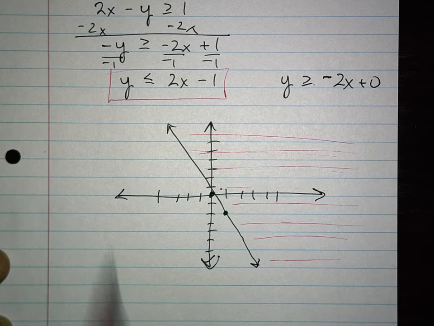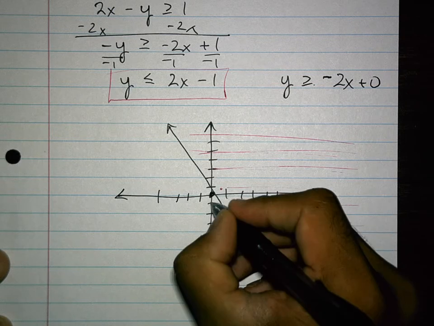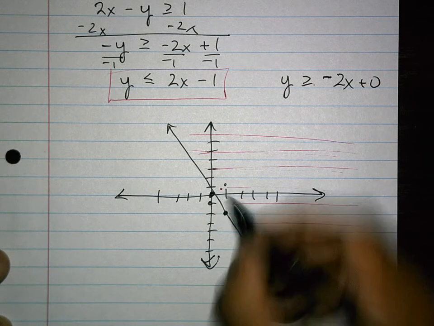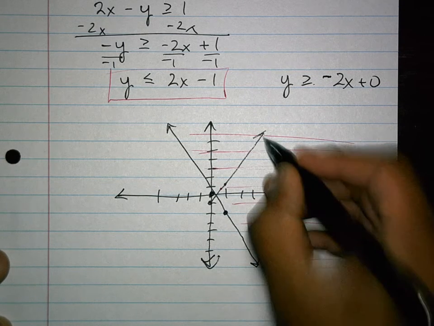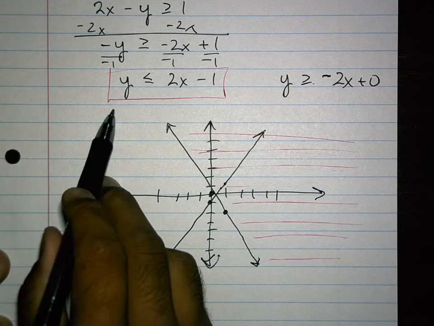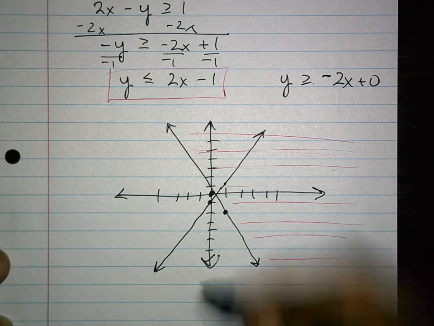Over here, I have a y-intercept of negative 1, and it goes up 2 spaces over 1. This is also a solid line. And this one, the y's are less than, so it's the shade underneath here.